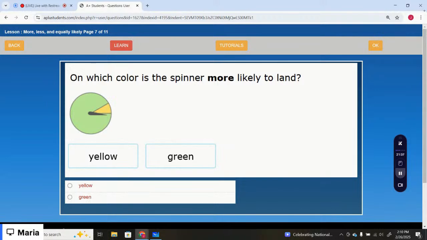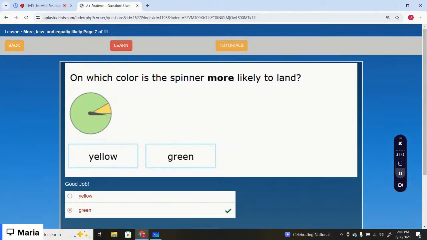It will more likely land on green. Option number two is the correct option.